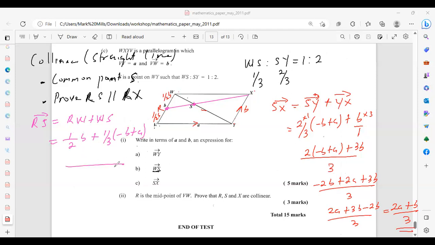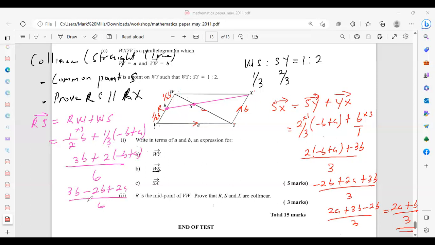So we find the LCM here, which is 6. 2 going to 6 gives 3, so 3 times B gives 3B. This one gives 2 bracket negative B plus A. I work it out: 3B minus 2B plus 2A over 6.